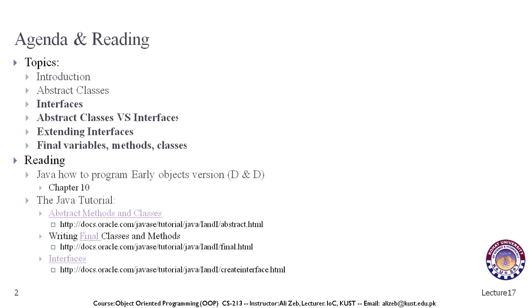The relevant material for this lecture can be found in chapter 10 of the book Java How to Program, Early Objects. And some of the relevant material can be found in the Java tutorial. The links are provided in the slide.